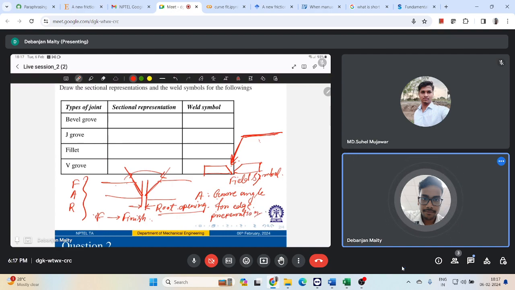And also you can put a contour over here. Either it can be a convex contour or a concave contour, which I will come to later. So F, A, R, those are three different important things which you need to mention for your weld joint geometry.